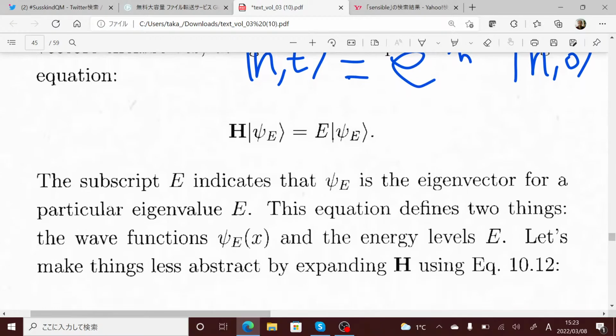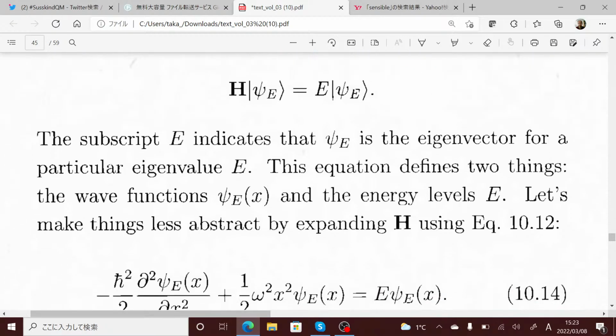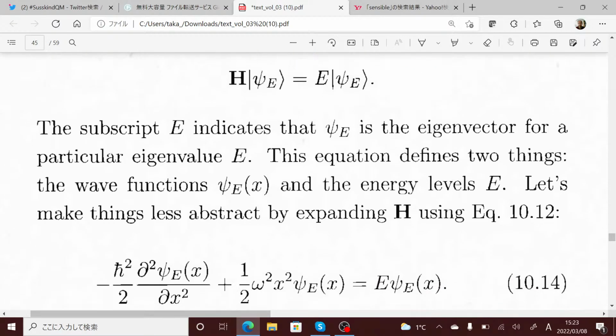The subscript E indicates that psi_E is the eigenvector for a particular eigenvalue E. This equation defines two things: the wave function psi_E and the energy level E.